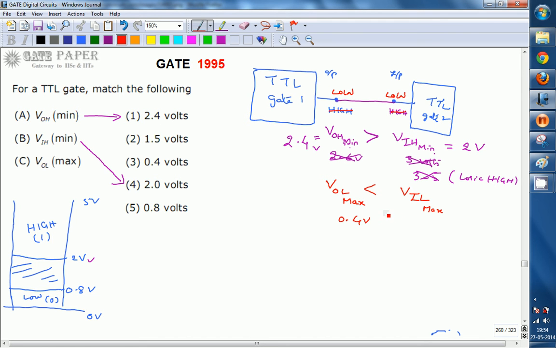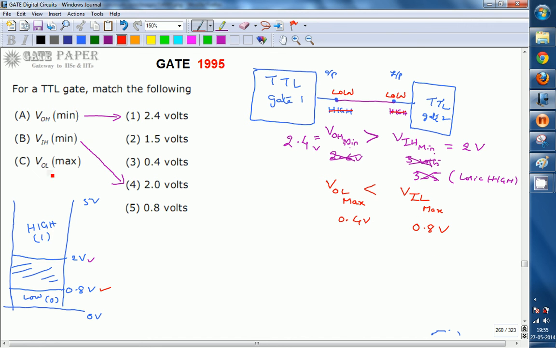According to our values, VIL maximum, the maximum low level voltage, can be considered as 0.8 volts, and VOL maximum can be lesser than that. Less than 0.8 is 0.4. So VOL maximum is 0.4 volts, VIL maximum is 0.8 volts.